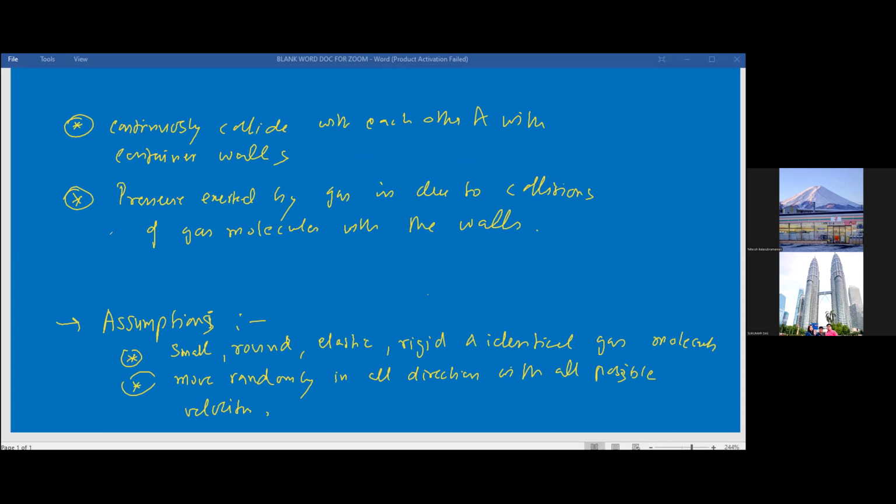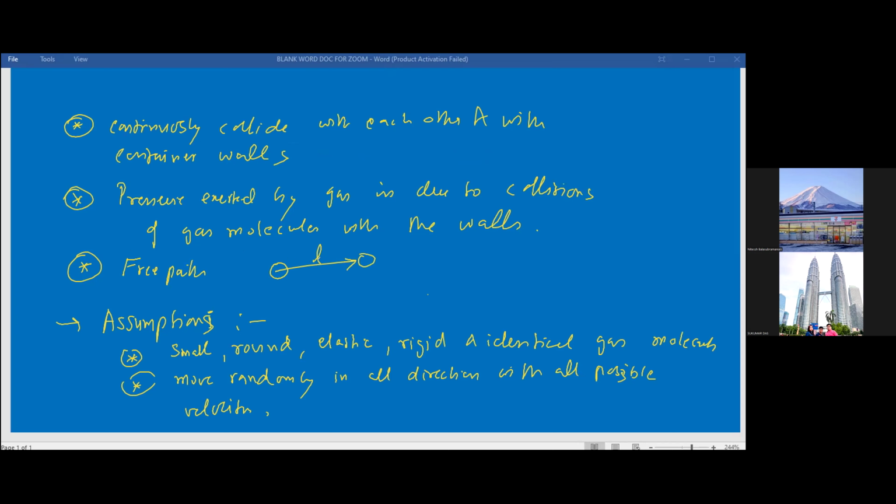Now, these gas molecules collide, but before a collision they travel a distance along a linear path. That is called the free path. So one molecule, before hitting another molecule, covers a distance, and that distance is called the free path.